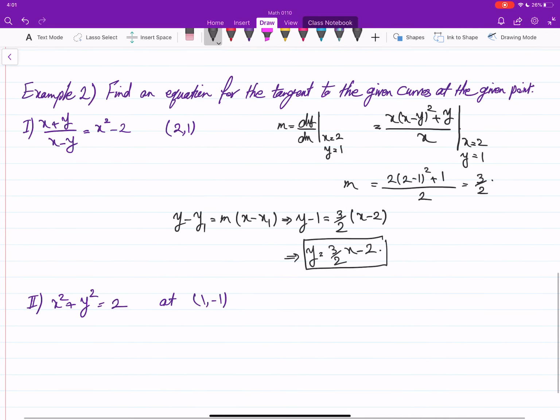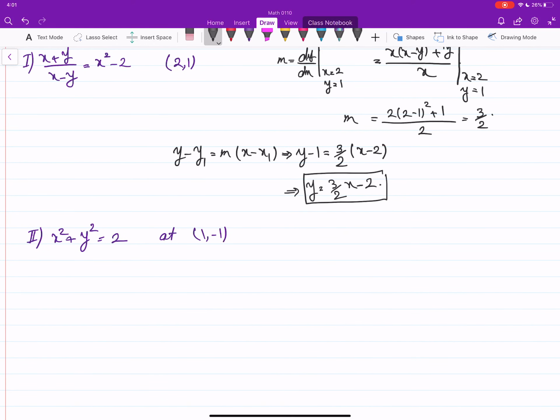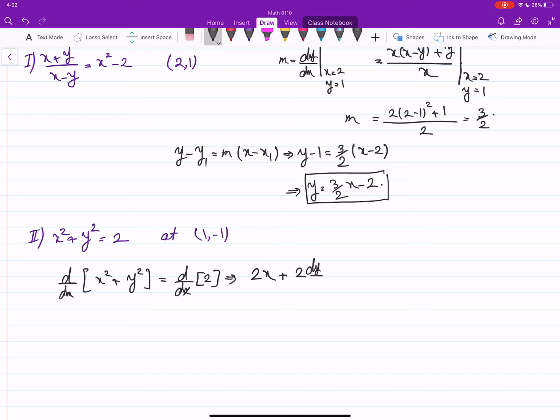For this other one, we have to find m again and then evaluate. For that, we do the implicit differentiation. x squared plus y squared equals 2, so d/dx of both sides. This will give us 2x plus 2y dy/dx equals 0.